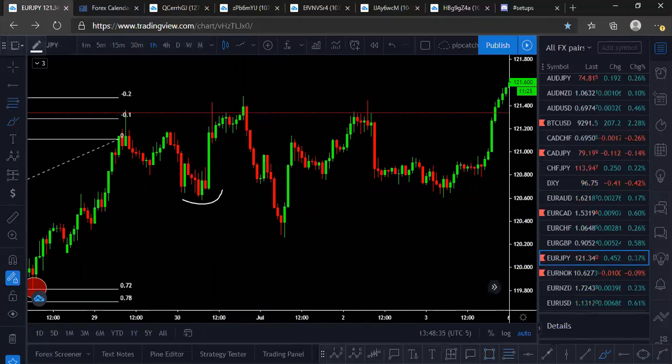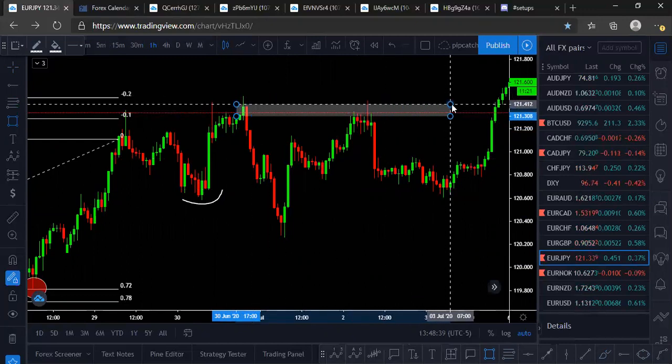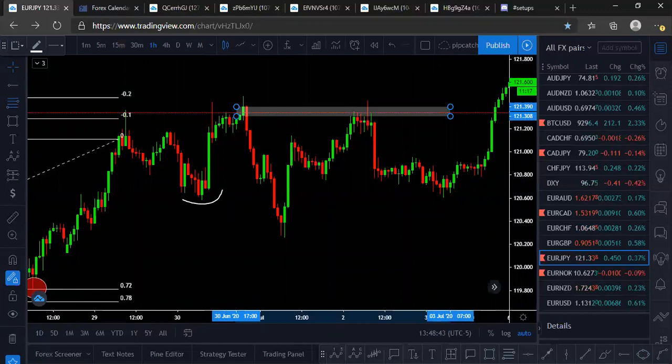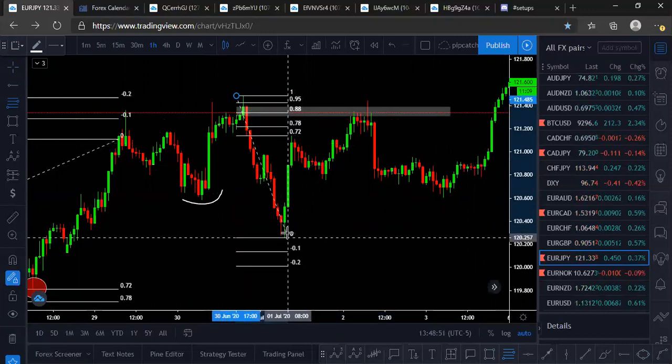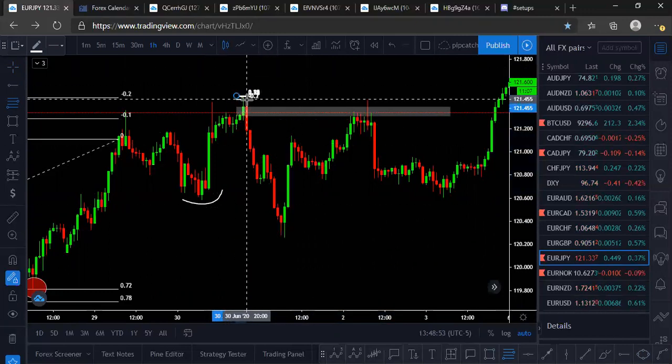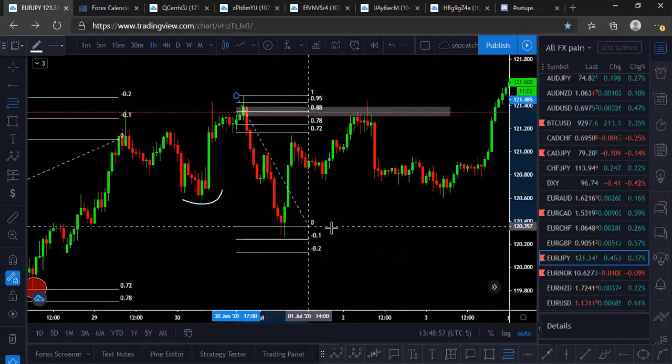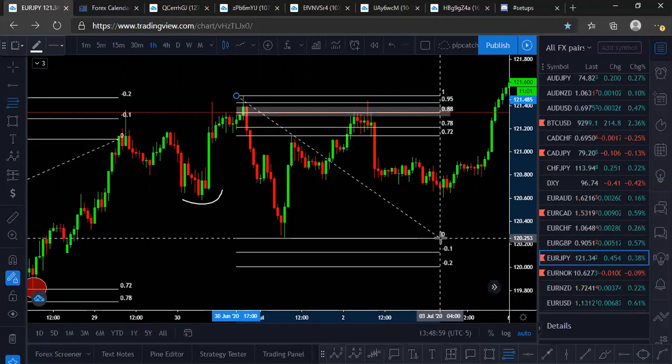So what I did was look for that last up candle and gauge that area first, and then take our fibs from this swing high to this swing low, the most recent swing high to the most recent swing low.